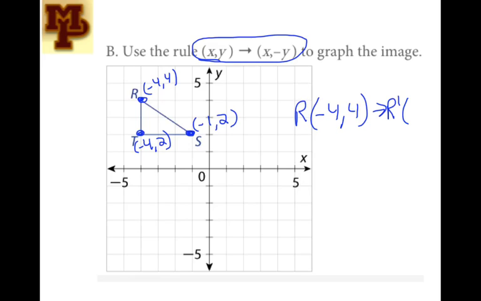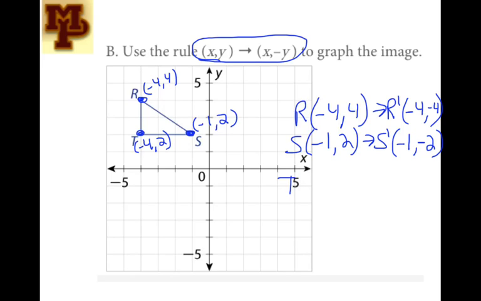So again, the x stays the same, so that'd be negative 4, but then the y-coordinate is going to be negative 4. And then s right now is negative 1, 2, and that's going to be s prime, and that's going to be negative 1, negative 2.